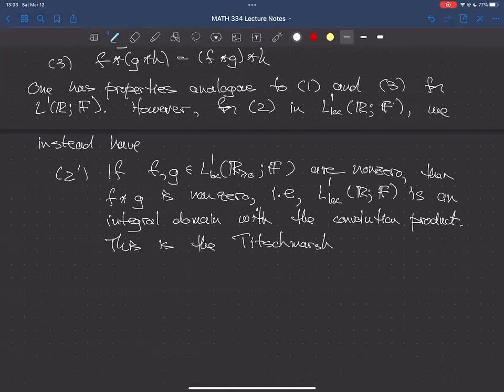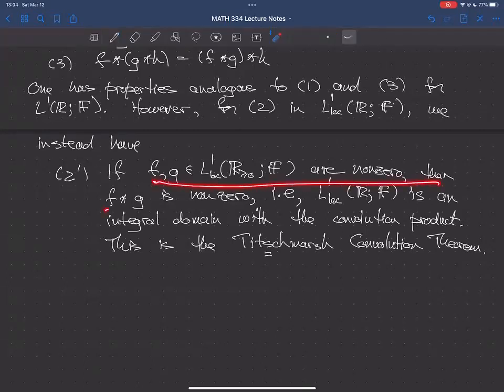So the Titchmarsh convolution theorem is one of those theorems which is very easy to state. It just says exactly this. But it's hard to prove.